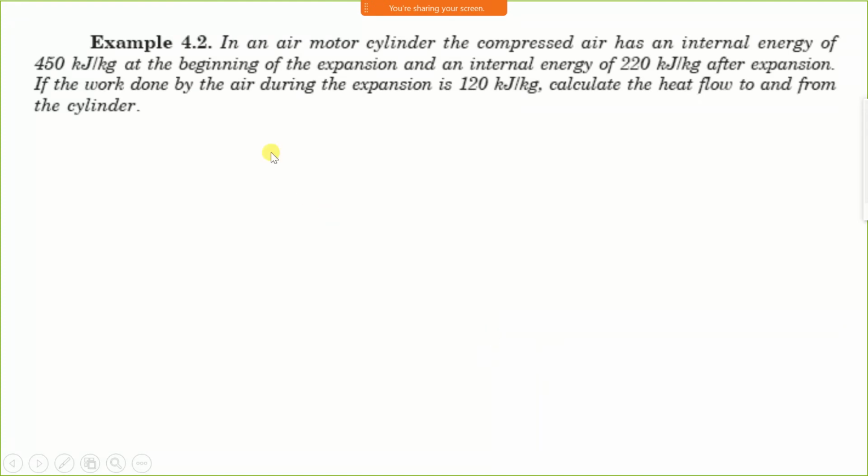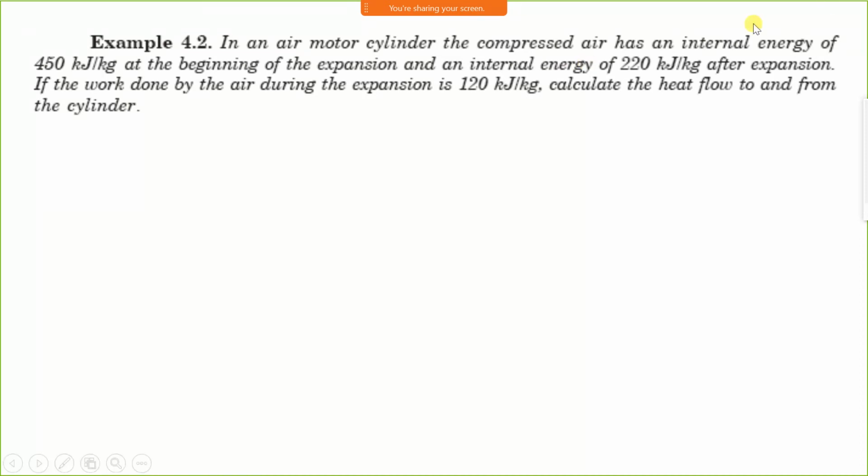Next problem. In an air motor cylinder, the compressed air has an internal energy of 450 kilojoule per kg at the beginning of expansion. In a cylinder, compressed air is stored.